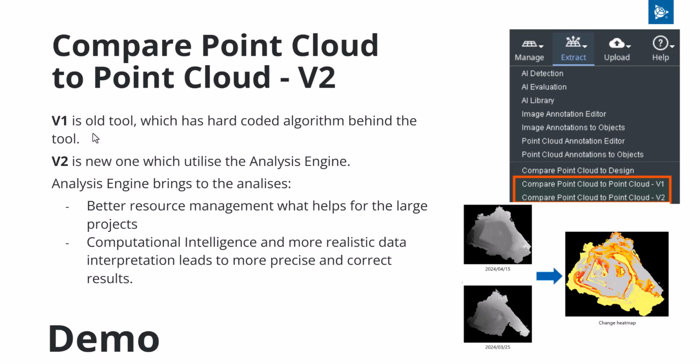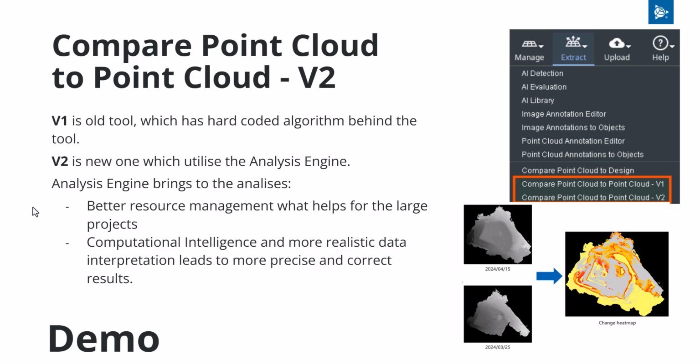First is using the hard-coded algorithm behind the tool, and second is a bit more intelligent in terms of background mathematics. It uses the analysis engine, and the analysis engine, by the way, is used by all the tools related to AI computations.